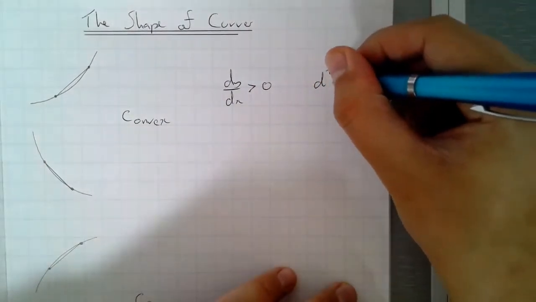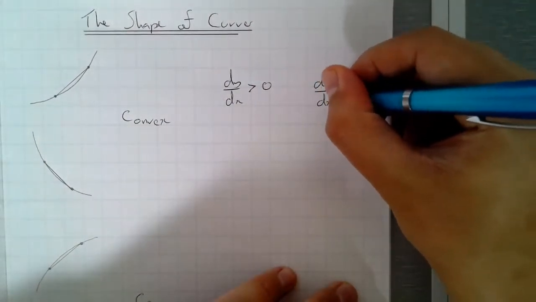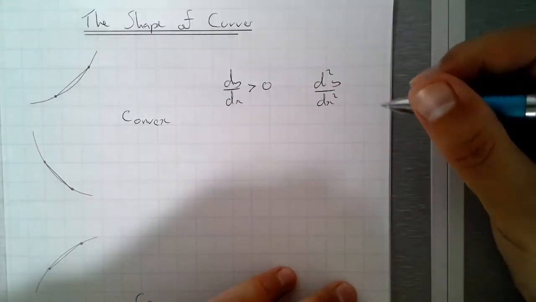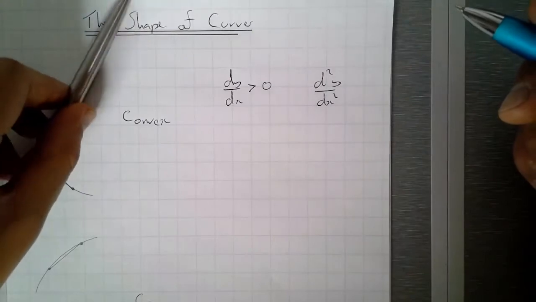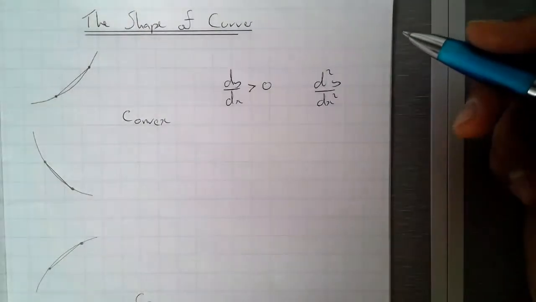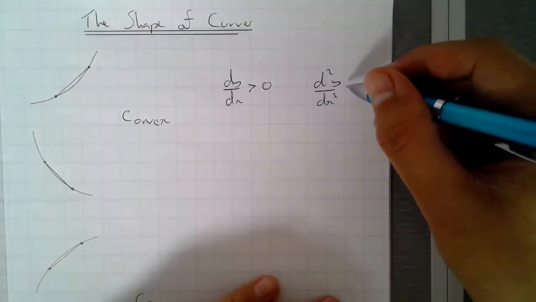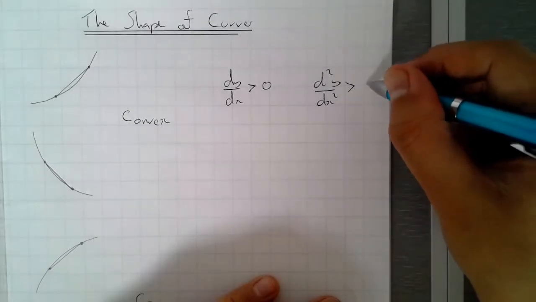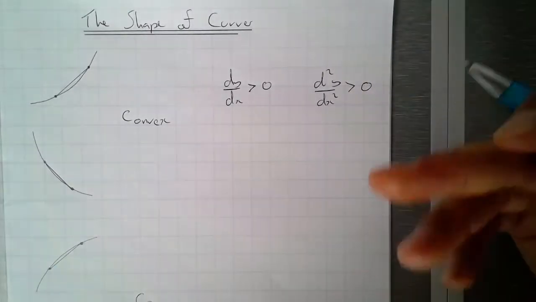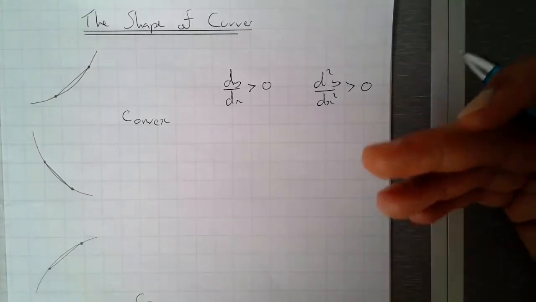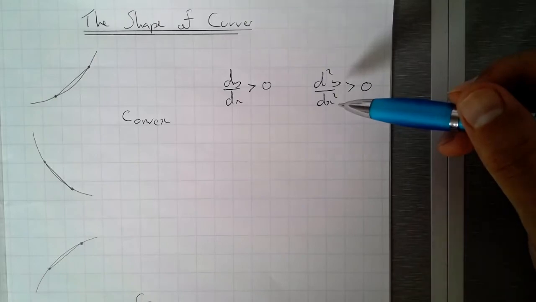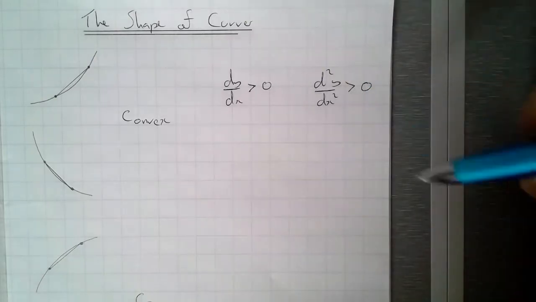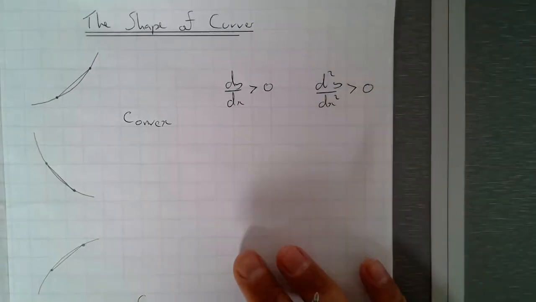Then we ask, what can we say about the rate of increase of the gradient? The gradient here is fairly shallow, and as it moves around the curve, it's getting steeper and steeper. So the rate of change of the gradient is bigger than 0, and d squared y/dx squared has to be positive.